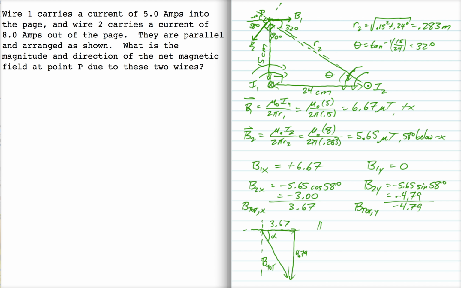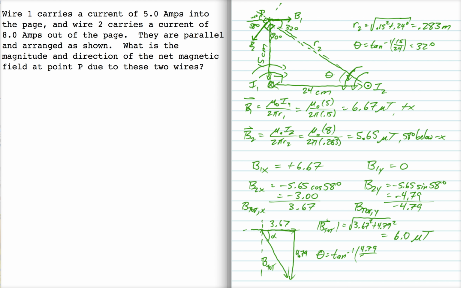The magnitude of B total comes from the Pythagorean theorem, right? 3.67 squared plus 4.79 squared gives us 6.0 microtesla. And then the angle theta is inverse tangent of opposite over adjacent.